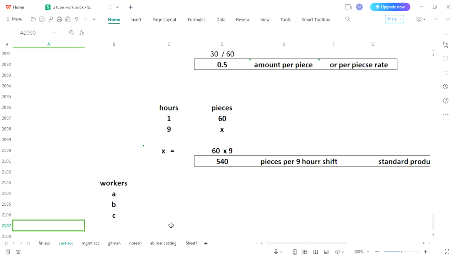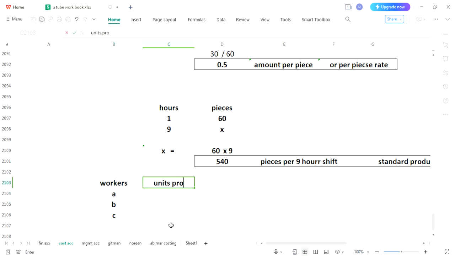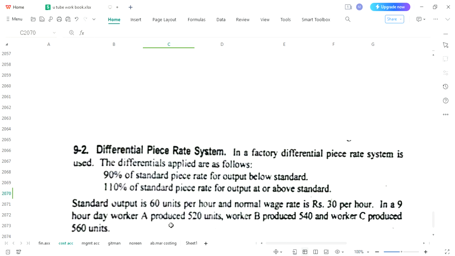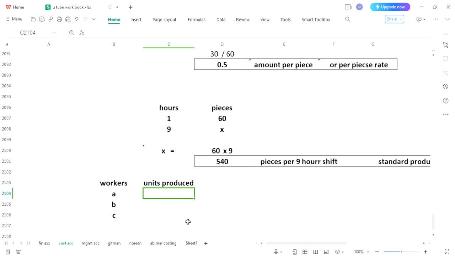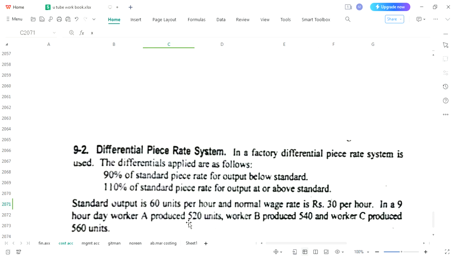Next we will see how many units they have produced. A worker has produced 520 units and B worker had produced 540 units.